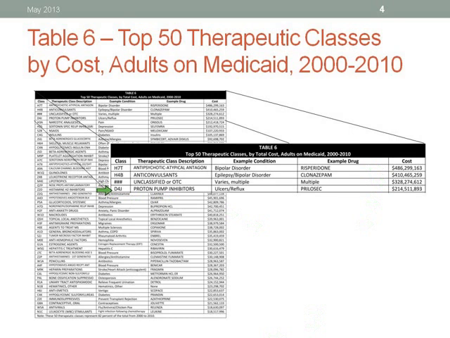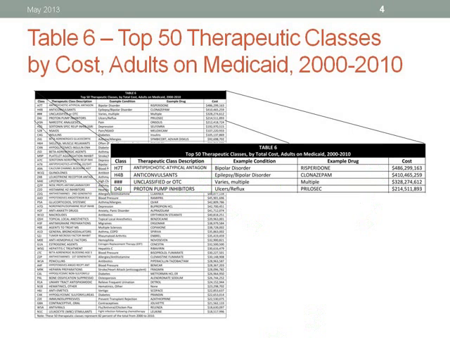Number 4 on the list is D4J, proton pump inhibitors. Okay, and this is something that most of us maybe have taken. An example condition would be acid reflux or ulcers, and an example drug is Prilosec. Others are Nexium, Prevacid, and it's number 4 on the list.